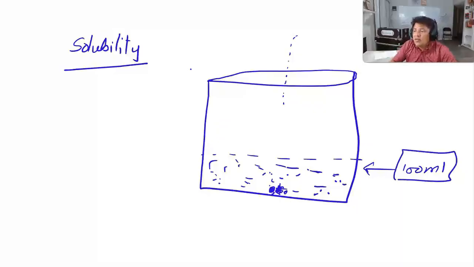That's why a solvent has a fixed capacity to dissolve. The maximum amount of a solute that can be dissolved in the solvent at a particular temperature is said to be the solubility. That type of solution is said to be the saturated solution, meaning it is saturated, you cannot dissolve further. So to understand solubility, first understand the saturated solution.